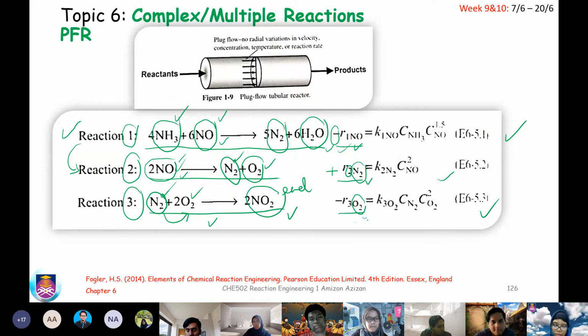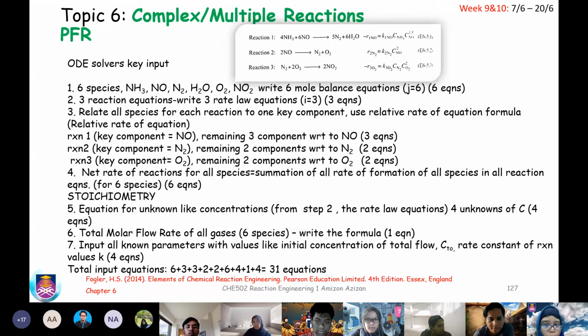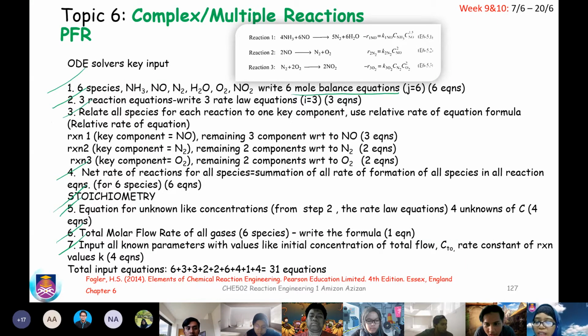Okay. Now let us go to the inputs that we are going to give to the ODE solvers. There are 7 things that we should write, 1 till 7, which starts with first writing the mole balance equation, second writing the rate law equation, third to relate all species for each reaction to one key component.